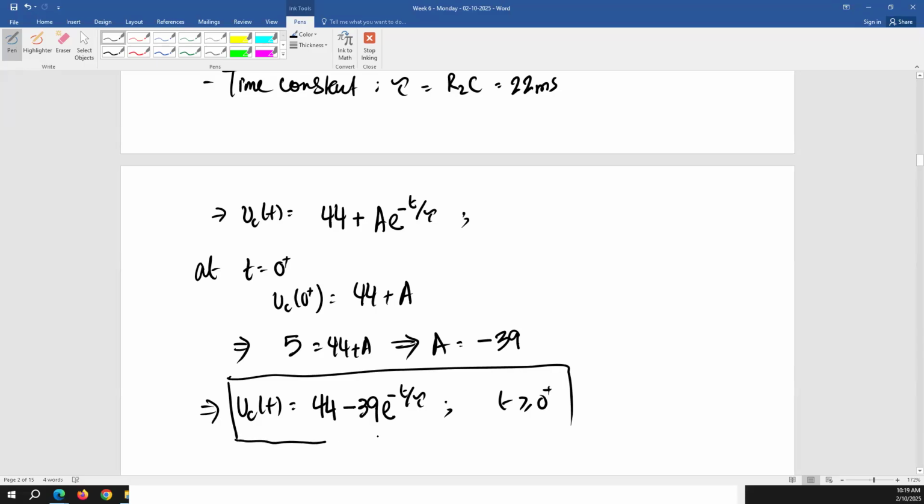At t is equal to 0, you can see the answer is going to be 5 volt for 44 minus 39, which it should be. And then as t value increases, it's going to hit 44 volt. Starting from 5 volt, it's going to go all the way up to 44 volt.